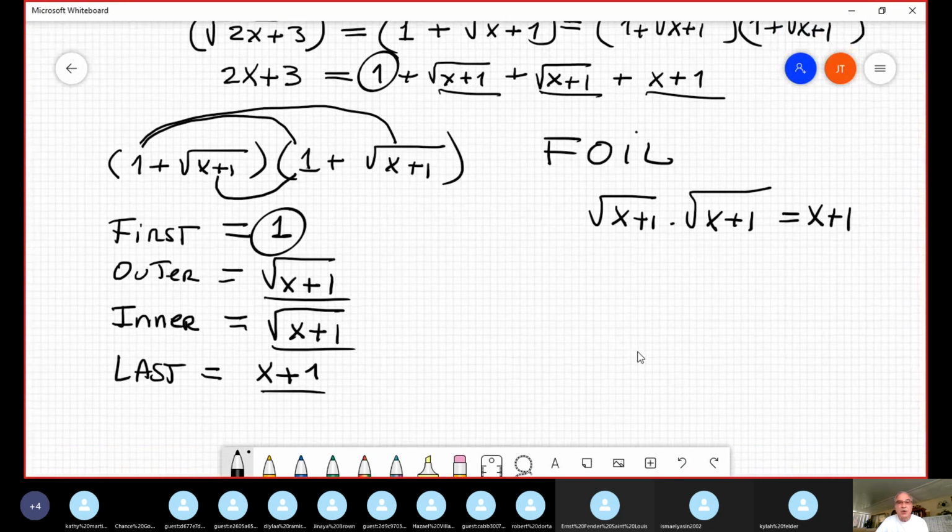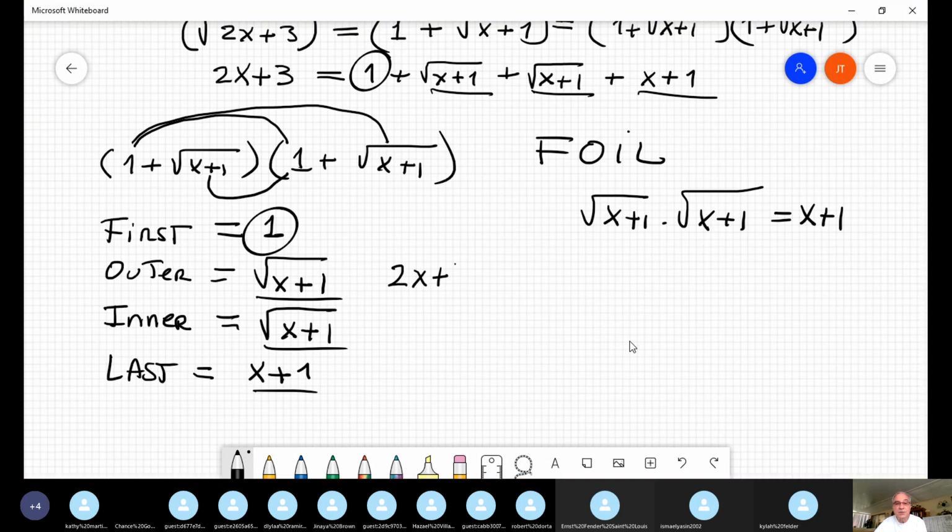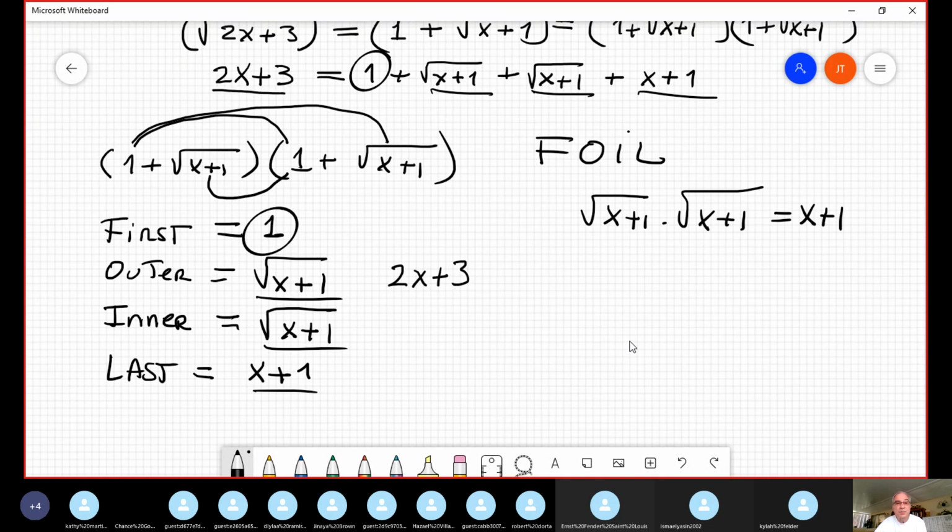Okay, now what should I do when we combine like that? We combine. How do we combine? When we copy, I copy 2x plus 3. This 2x plus 3 I copy here. I can see the 1 plus 1 is 2. Look, we put the like terms together, that is 2.